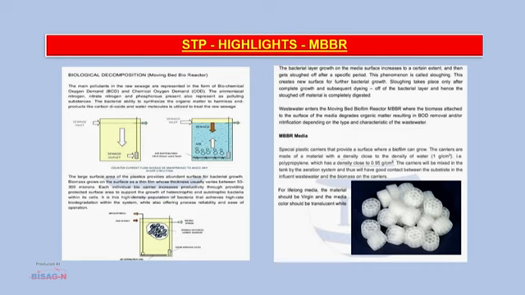MBBR media is a special plastic carrier that provides a surface where a biofilm can grow. The carriers are made of a material with a density close to the density of water, 1 gram per cubic centimeter.